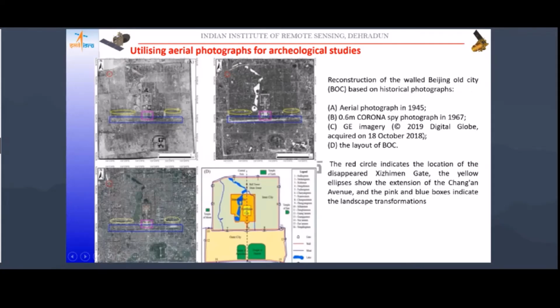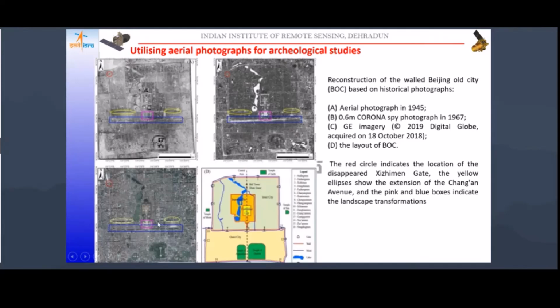So here you will see that there were certain features that have been mapped. Right? The circles indicate the location of the Zizimen Gate. The yellow ellipses show the extension of the avenue, and the pink and blue boxes indicate the landscape transformation. So if we are able to take a look at the features over time, you see that the landscape has changed so much, built up area has come up, many changes have happened.